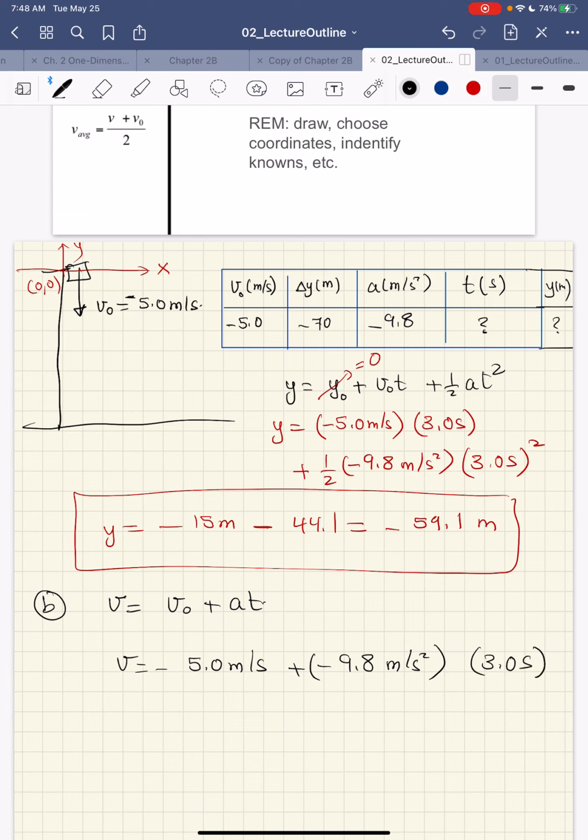Then you are going to multiply 9.8 times 3. It should be again negative, and you're going to add the -5 to it. Then the final velocity is -33.4. I need to consider only -34 for the sake of significant figures.